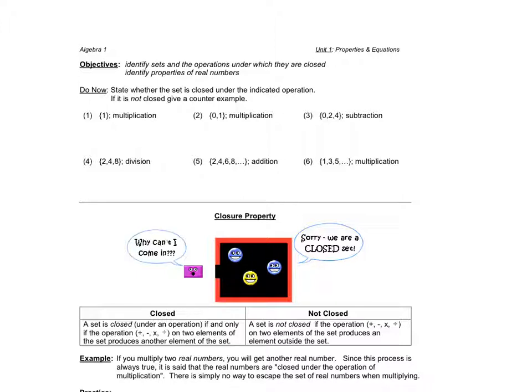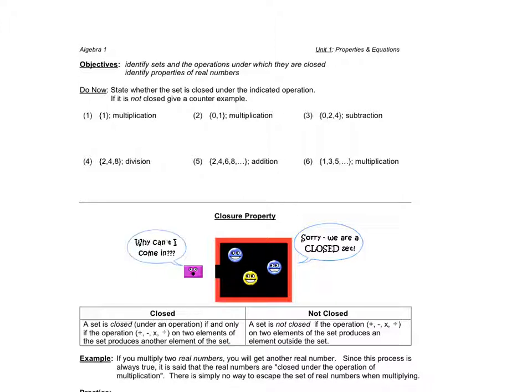Basically, what we're saying is if you perform an operation on any two elements in a set, let's say a set of even numbers, if I perform an operation on any two even numbers, will I get an even number only as an answer? Well, it depends. It depends on what the operation is, right? But that's the idea. What you're starting with and what you're ending up with belong to the same category. That's what closure is really talking about.